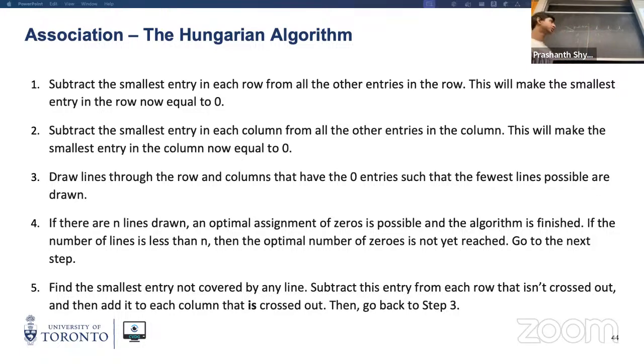Each edge between those two graphs is weighted by these values. And we want to find the lowest assignment of those edges to make a completely connected graph from this to this. And that's the assignment problem essentially. The algorithm is just a bit big, so I don't want to go over it too much.